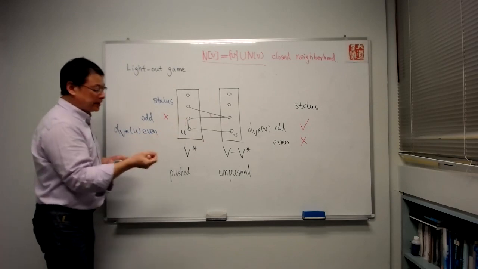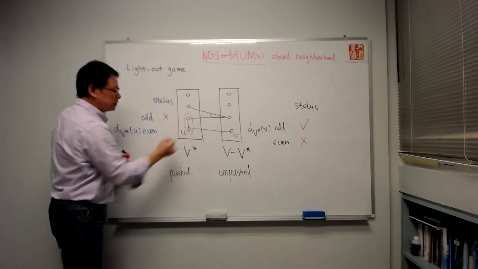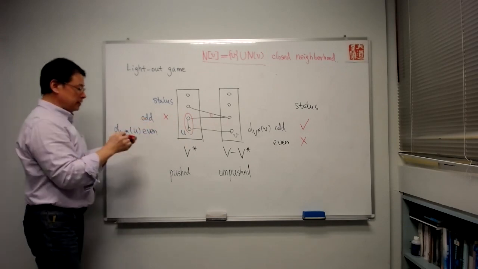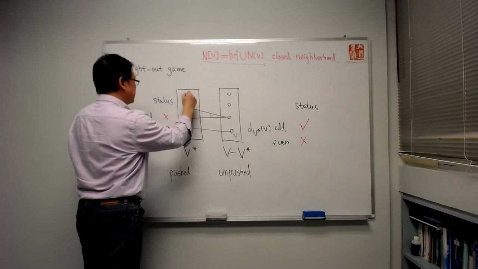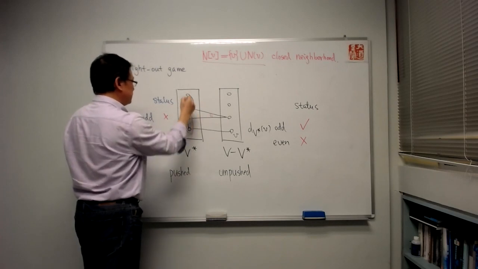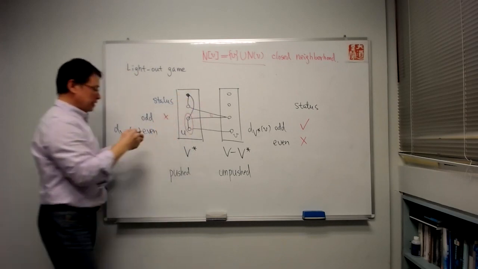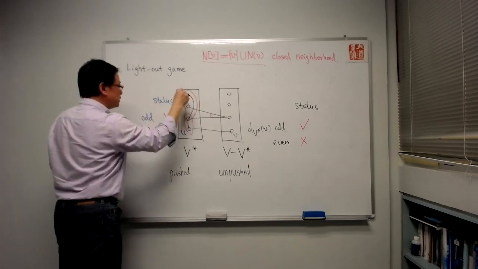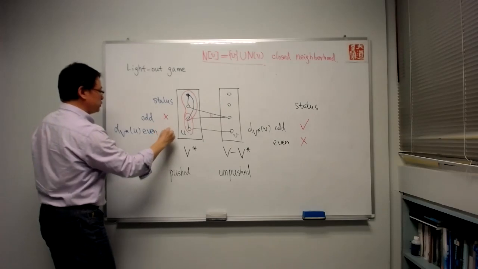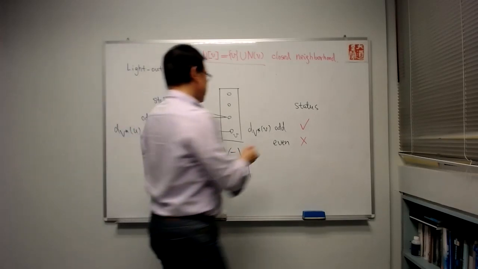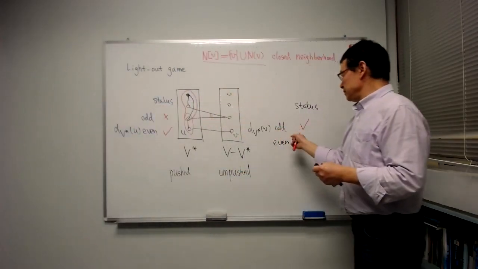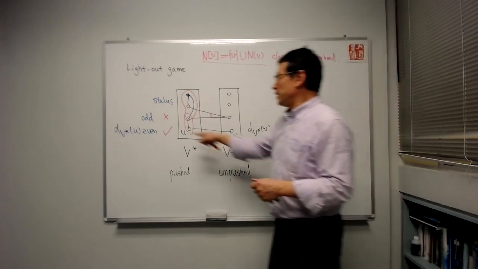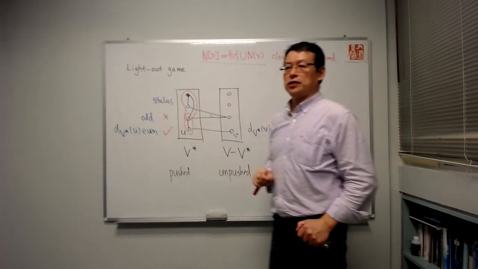So actually the number of vertices inside the closed neighborhood is 2. So there's no change. When it's even, for example this vertex, the closed neighborhood actually contains all the vertices. So in 1, 2, 3, they actually change. So it's just the reverse, complementary to this part. This part: odd, all change; even, no change. Here: odd, all no change; even, change.